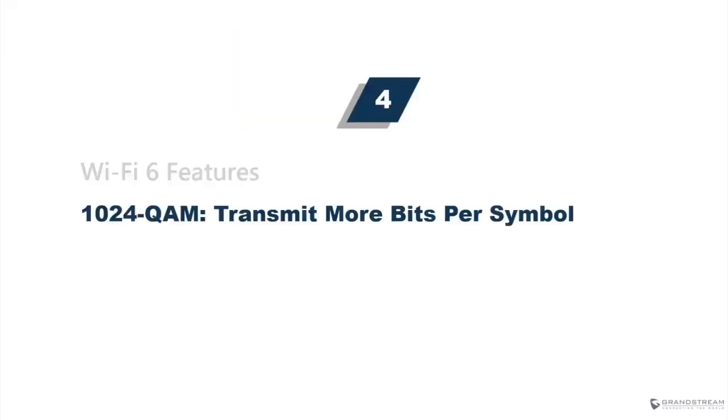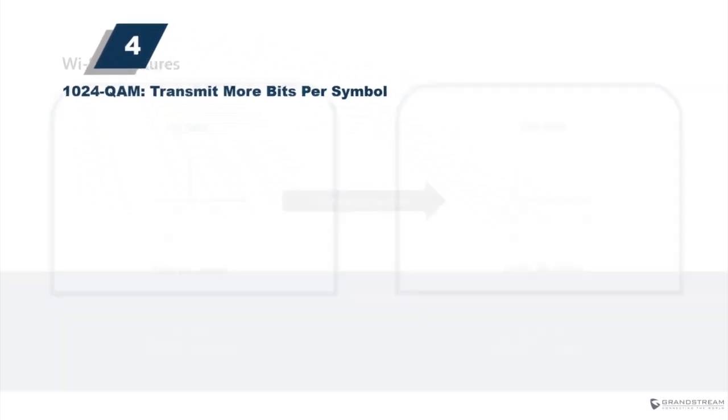So far we've seen how multi-user MIMO technology, OFDMA, and BSS coloring improve the wireless performance in a high-density environment. In addition, Wi-Fi 6 introduced 1024 QAM, which is a highly developed modulation scheme designed to increase the data rate between access point and wireless client.